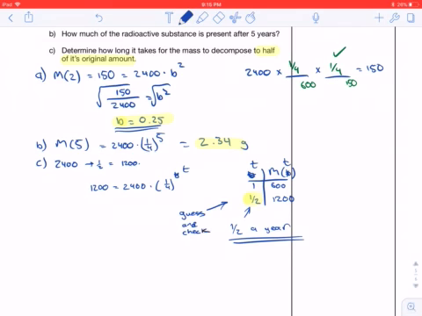Graphically, if I simplify this one more step, I can move the 2400 over, and I'll get 1200 divided by 2400 is equal to 1/4 to the exponent t, or 1/2 is equal to 1/4 to the exponent t.